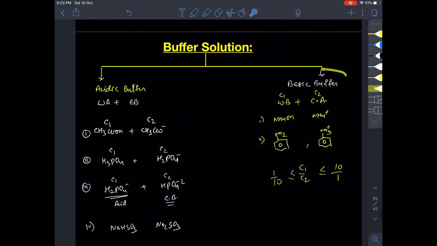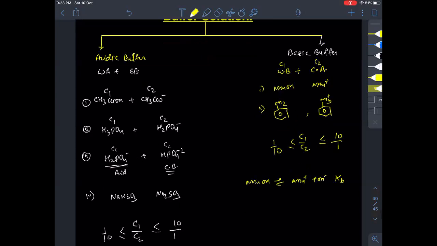And now in a similar way, you can solve for the basic buffer also. In a similar way, you can proceed for the basic buffer. This time instead of Ka, it will be Kb. And if it is Kb, you can write this time OH minus.